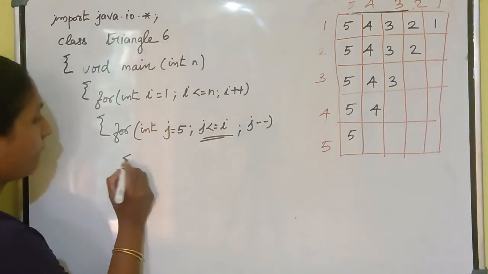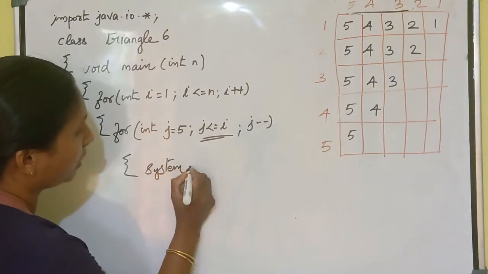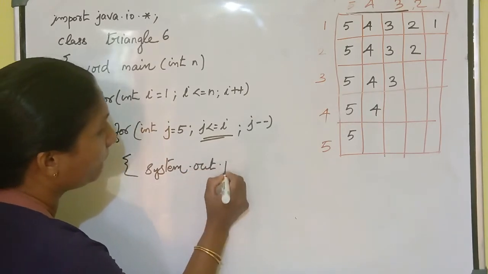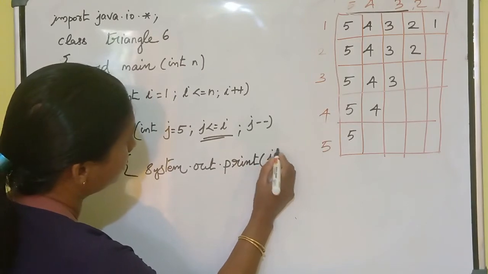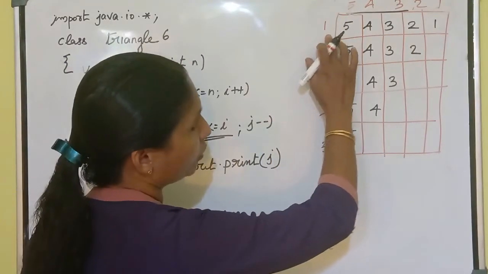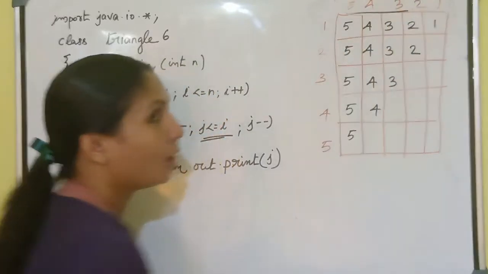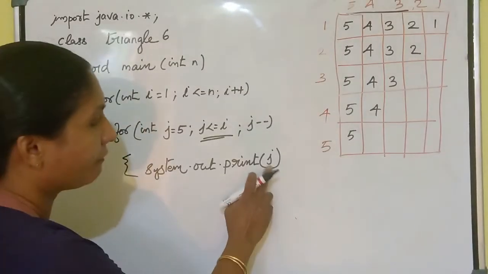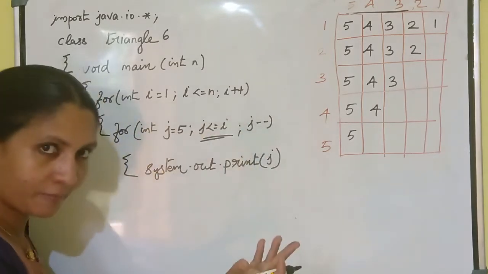Okay. Then open this one. Then System.out.print. Which value do we have to give? j, because in the first row we had different values and these values represent the column numbers. Then you just print the value of this column j. This j represents the column number.